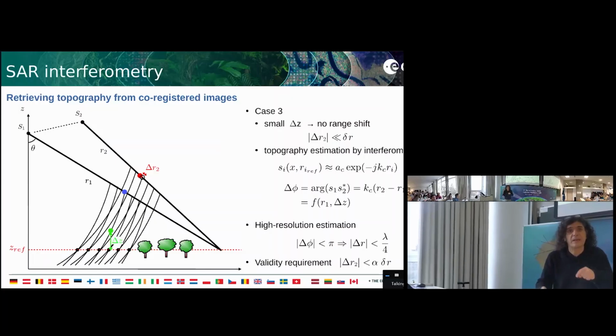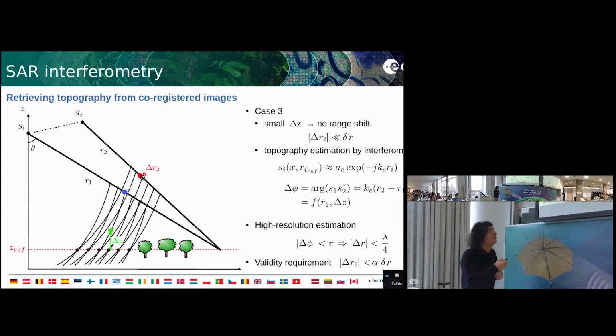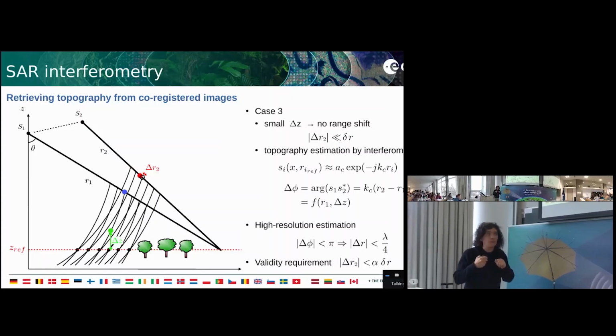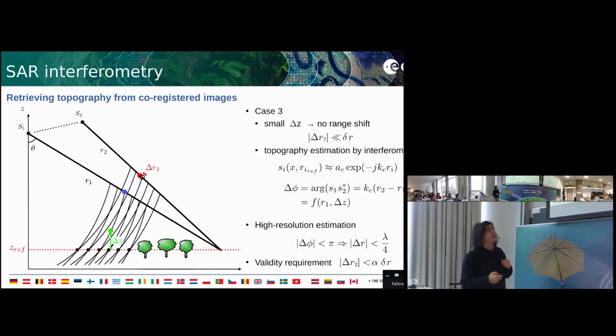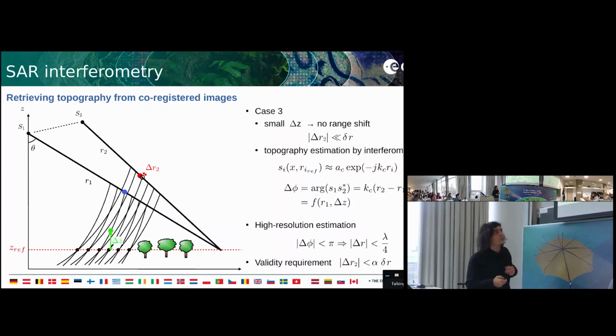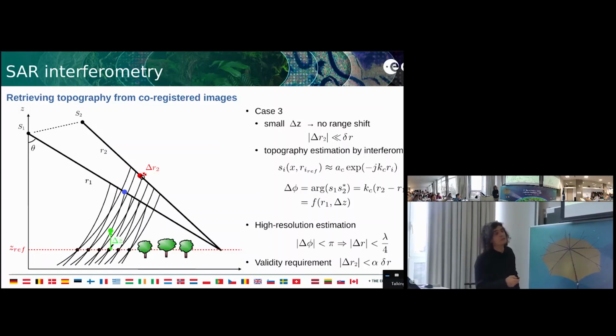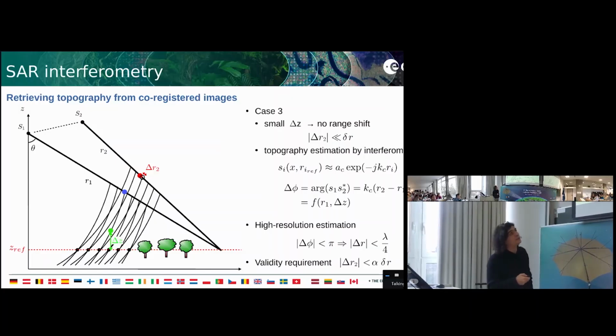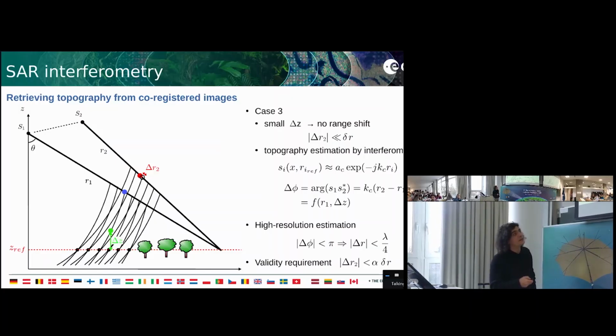It is somewhere else. And how to measure this variation of position when it is much smaller than the range resolution cell? One solution is to use the phase. Because with the phase, you can measure this position with a precision which is proportional to the wavelength.